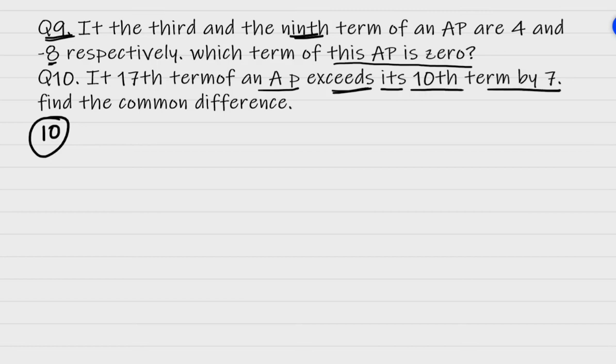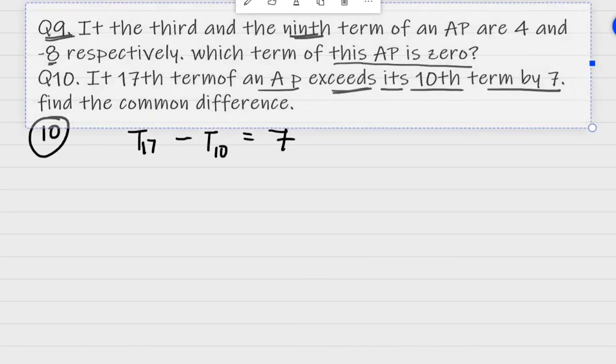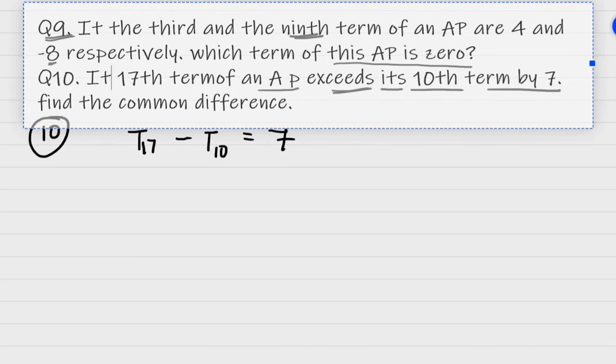See, the 17th term exceeds the 10th term, means T17 is greater than T10 and that too by 7. That means T17 minus T10, if you do, the value is 7. Let me make it clear.